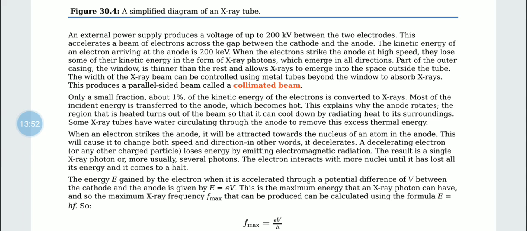When these electrons that pass through the gap between cathode and anode collide with the anode at high speed, they lose some of their kinetic energy as X-ray photons, which spread in every direction.